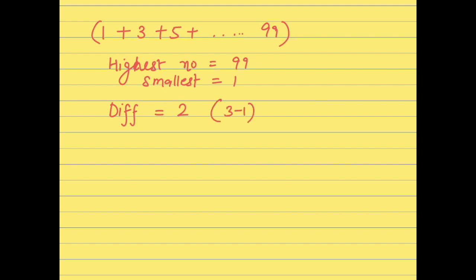Okay, so now how many numbers are there in the sequence? Let's check that. So it will be 99 minus 1 divided by 2 plus 1. So it will be 98 over 2 plus 1. Again, it will be 49 plus 1, that is 50 numbers. So in the second sequence also, we have 50 numbers.